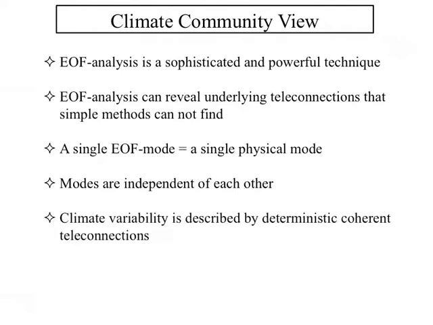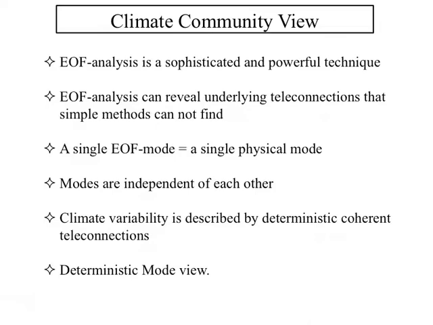And this is somewhat a deterministic view. They have somewhat the idea that climate variability can be described with deterministic coherent teleconnections. So you have one structure and that has a certain equation and that goes up and down. It's a very deterministic view on the climate variability. So I call this the deterministic mode view. So this is the first part of this lecture that we talk about this thing.